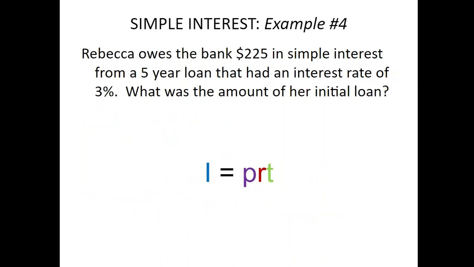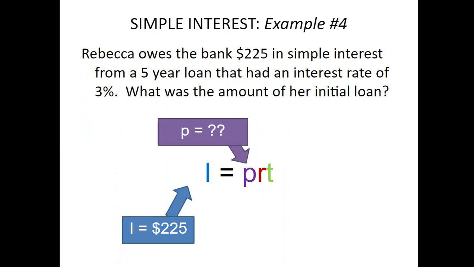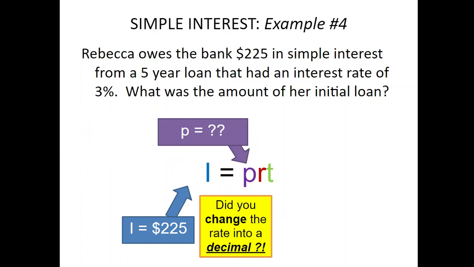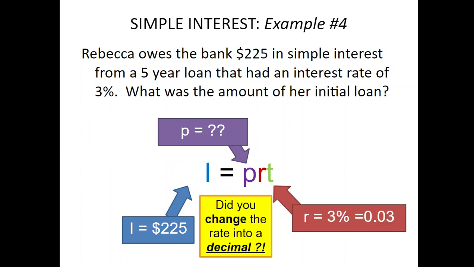What is the amount of her initial loan for Rebecca? Her interest was $225. We're looking for P this time. We know that the rate, we must convert it to a decimal. And we know that the time is 5 years.